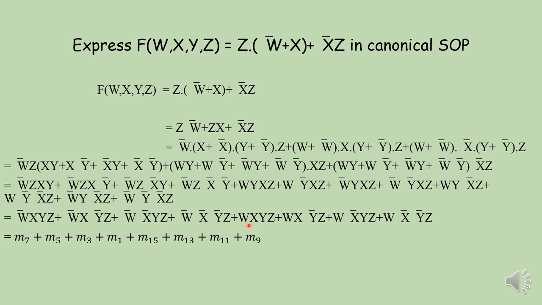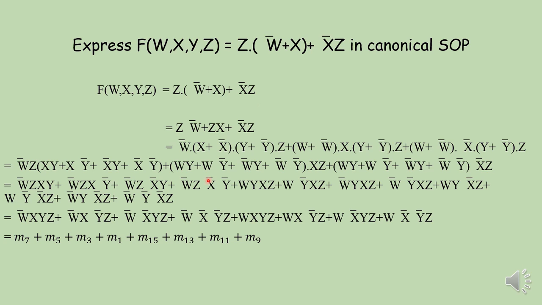Like this, in each and every term of this equation 4 variables are present. So this is a canonical SOP form, and the earlier one is a non-canonical SOP form, because in that expression some variables are missing in the terms.